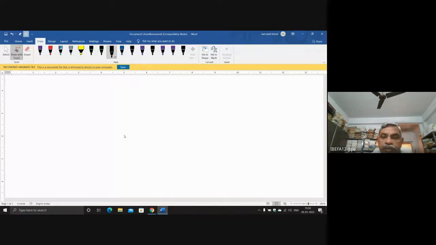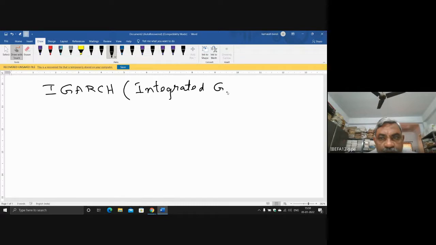So next is a model which we call IGARCH. I stands for integrated. Integrated GARCH. This word integrated may be familiar to you. Let us take a stochastic process which is stationary. What do you call that? It's an I(0) process. Am I right?